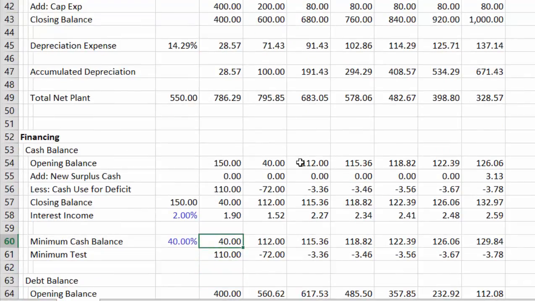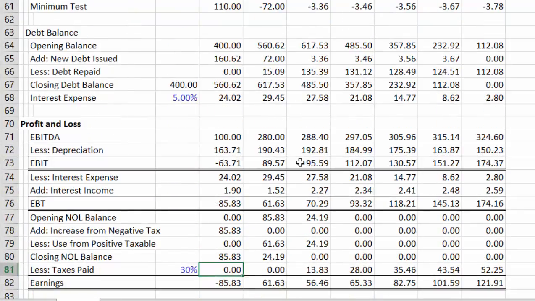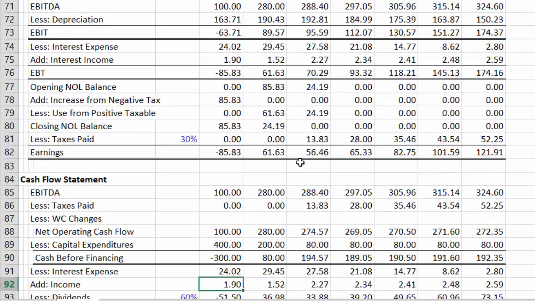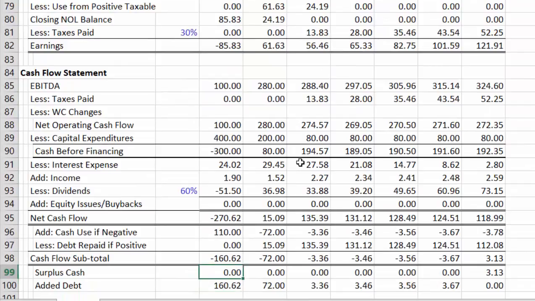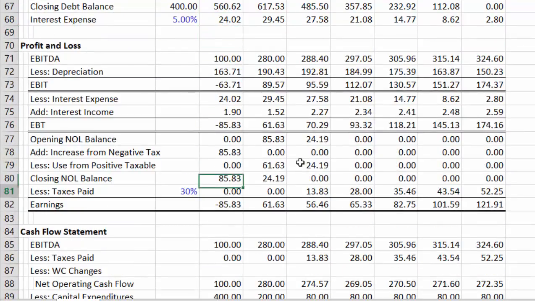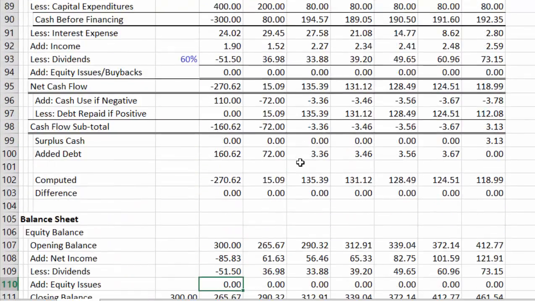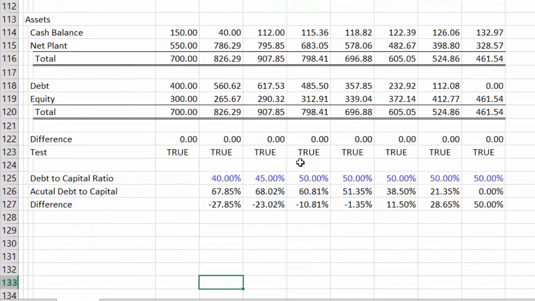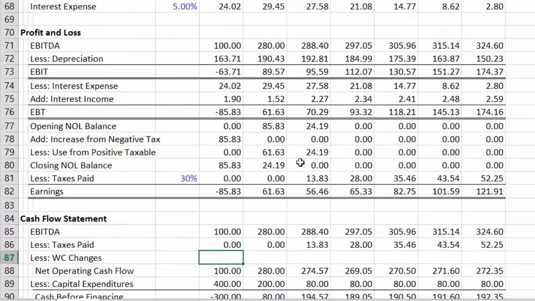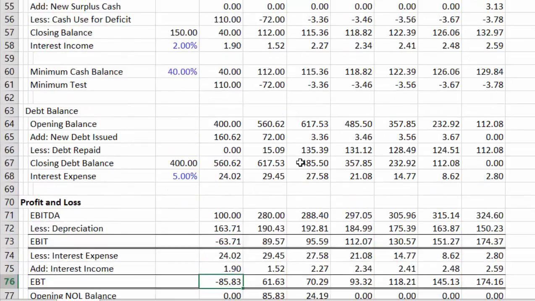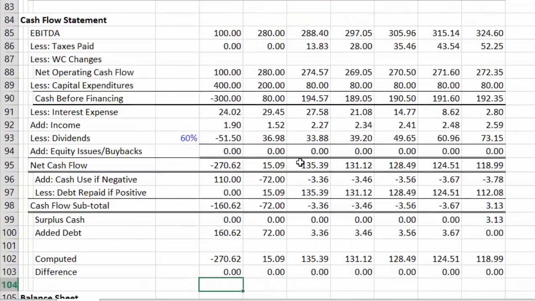Minimum cash balance, I don't know why in the hell I can never get that right. Putting the debt balance and the minimum balance in, we used a little cash flow waterfall with minimum and max statement. And then, of course, we needed the whole thing here. We have a little bit of a problem with the minimum and max statement with the cash taxes. And now we're finally at the stage where we'd like to compute the debt balance correctly. So it looks like it's all such a simple case, and it's not that simple at all.